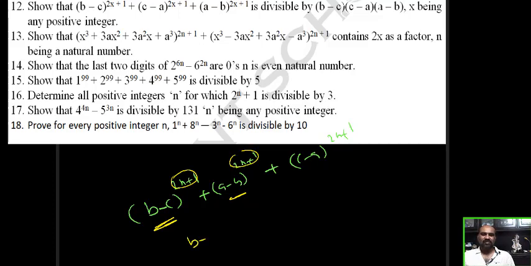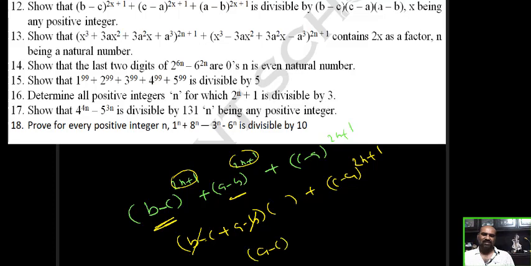What I can say, (b minus c plus a minus b) into some polynomial, plus (c minus a) whole power 2x plus 1. Here b gets cancelled. What will we get? I will get a minus c. (a minus c) plus (c minus a) to the power 2x plus 1. From this I can take c minus a common.